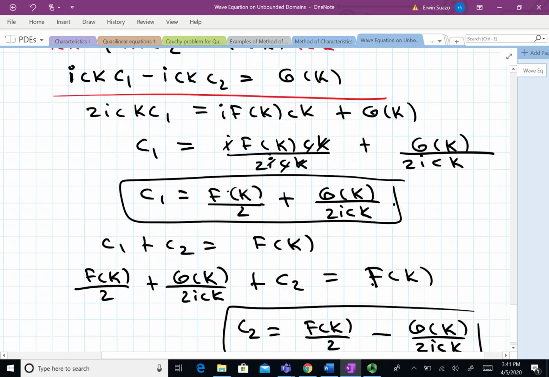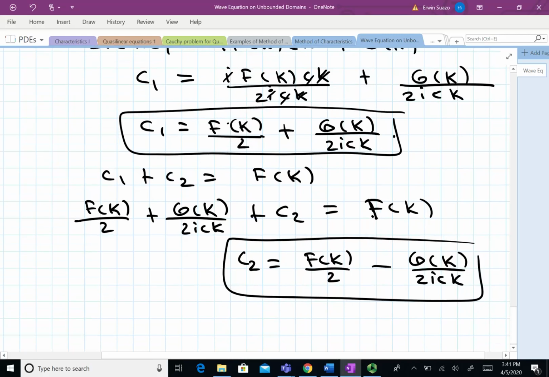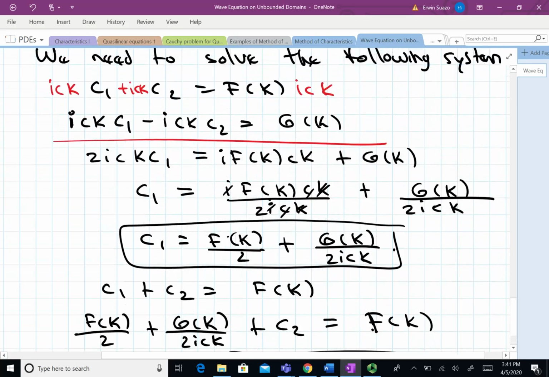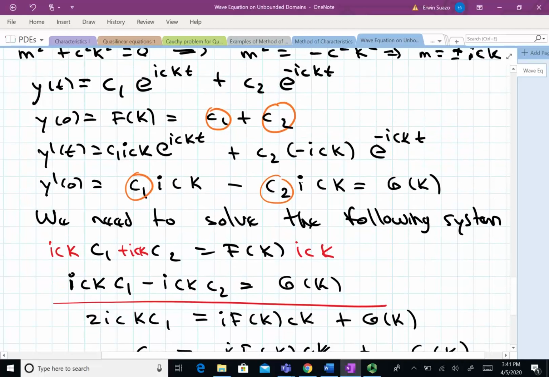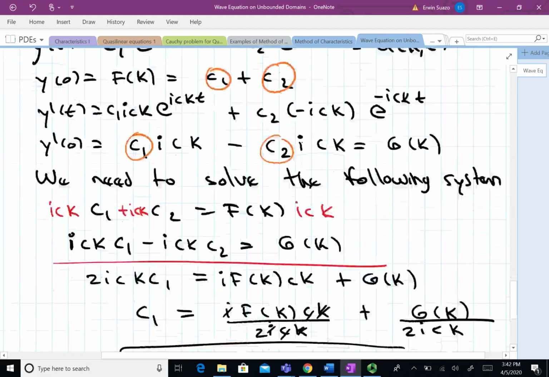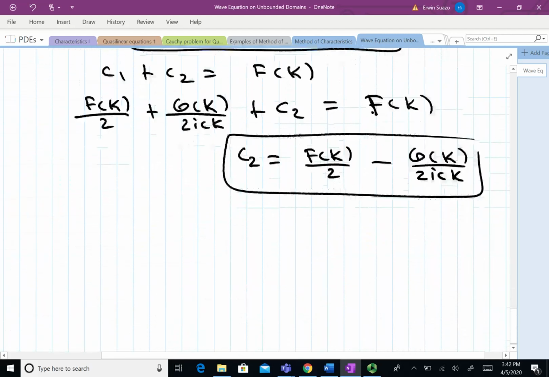In conclusion, I have my solution. This is y of t, but this is really u of k, t. I didn't want to make you feel scared with these two variables, but don't worry about that.